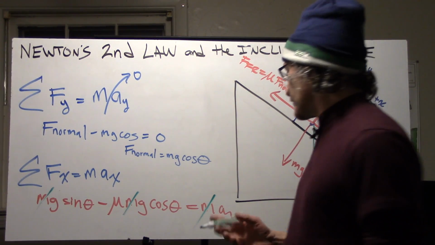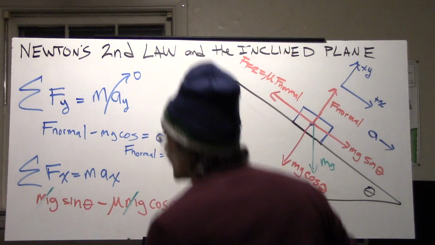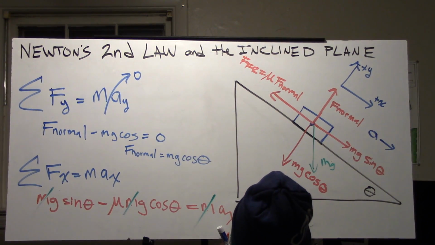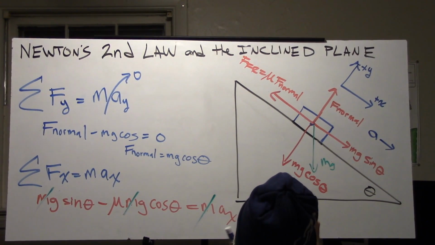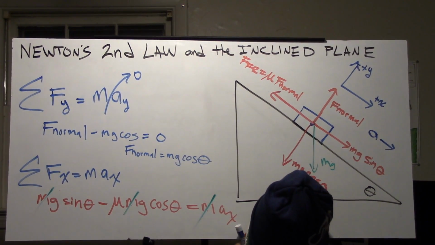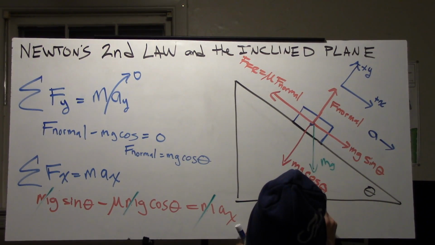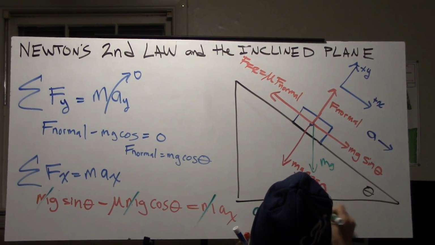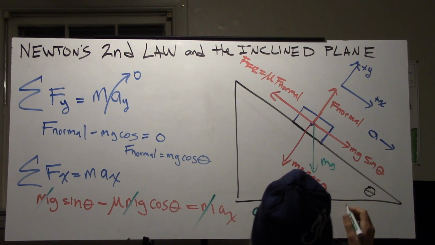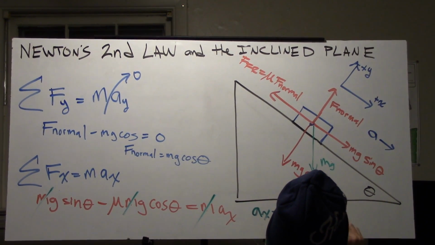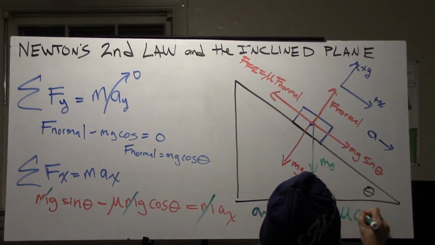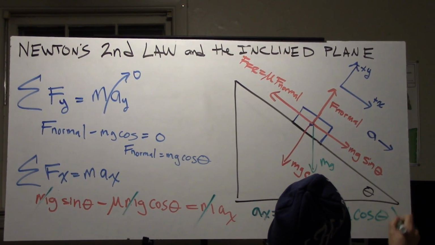And we could factor out a g because that would be a cool thing to do. So let's do that. So the acceleration ax is equal to g times the sine of theta minus mu times the cosine of theta, like that.